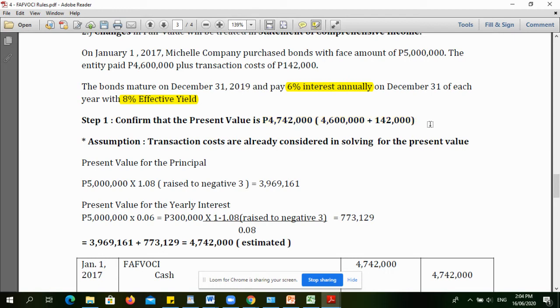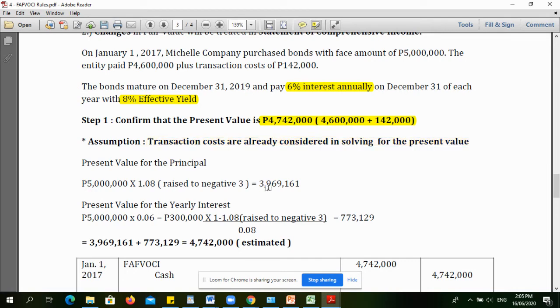The assumption here is transaction costs are already considered in solving for the present value. So to make sure na ang present value talaga is 4,742,000, which is the sum of the purchase price and the transaction cost. Since, again, pag FAFVOCI, we include the transaction cost sa FAFVOCI account.